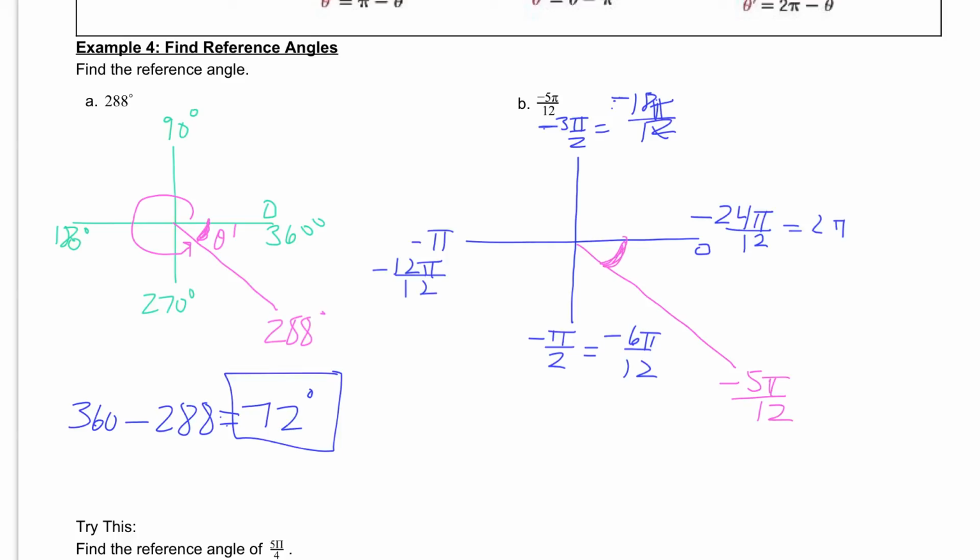And that angle is going to be the difference between 0 and negative 5 pi over 12. So between 0 and negative 5 pi over 12, your reference angle is always going to be positive. So here our answer, or our reference angle, is just 5 pi over 12 after we subtract.